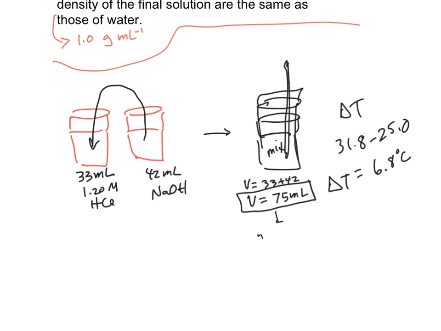If you take 75 milliliters, multiply that times 1.0 gram per milliliter, the density of water, then you're going to have 75 grams of water. The sig figs matter in real life, but for what we're doing it doesn't matter. Let's just get the idea.